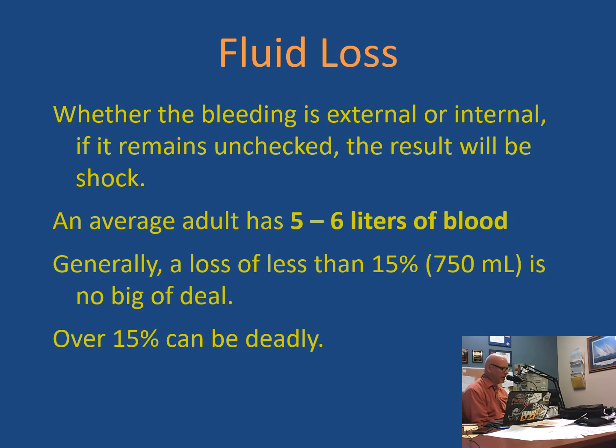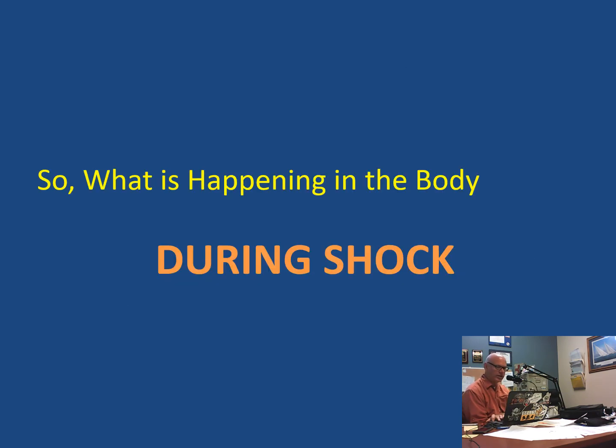Generally, a loss of blood at around 15% isn't a big deal. But once you start going over 15%, now you'd be in stage 2 blood loss. Depending on the nature of that blood loss and the comorbidity of the patient, that can be dangerous then, all right? It could end up being deadly for some.